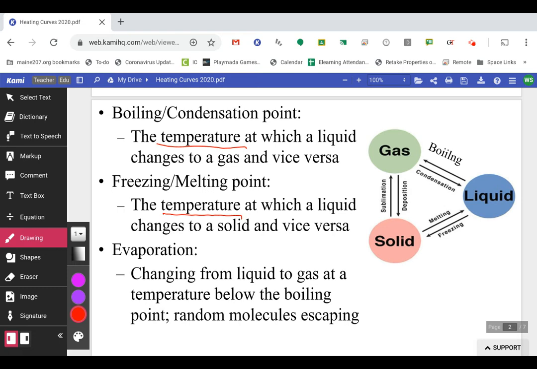I didn't mention too much about these two over here, sublimation and deposition. We don't see them very often. That's when the liquid state is totally skipped. That's when a solid turns directly into gas or gas deposits directly back into solid form. We see this with something like carbon dioxide.